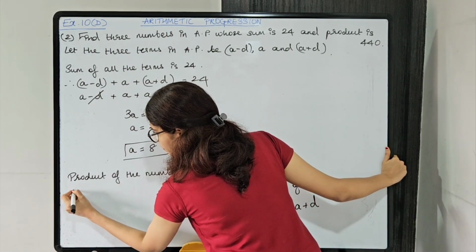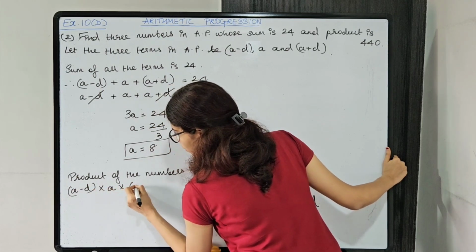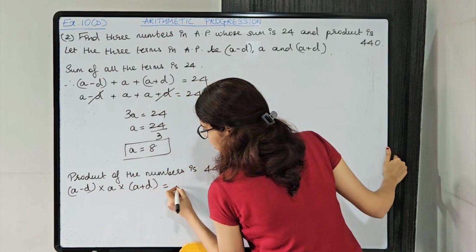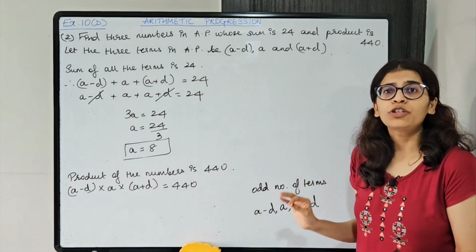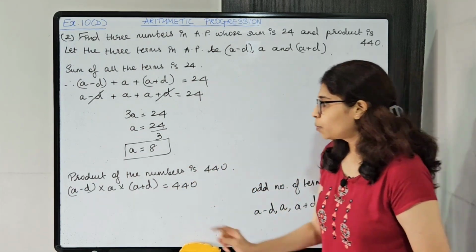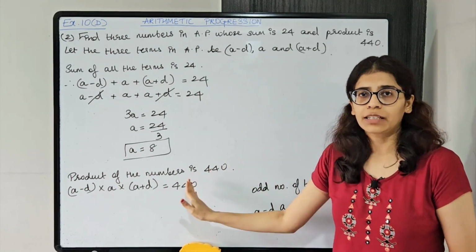Therefore, (a minus d) into (a plus d) is equal to 440. For product, it is mandatory to put brackets. Okay, so brackets put karo.